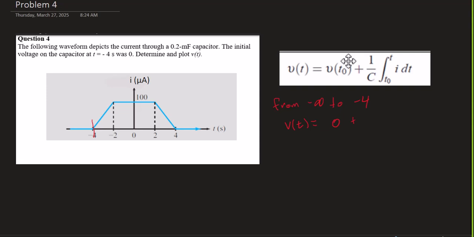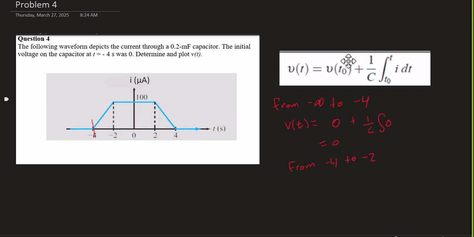Equals 0, plus 1 over C times the integral of 0. So it's just 0. So that's okay. Now from -4 to -2.